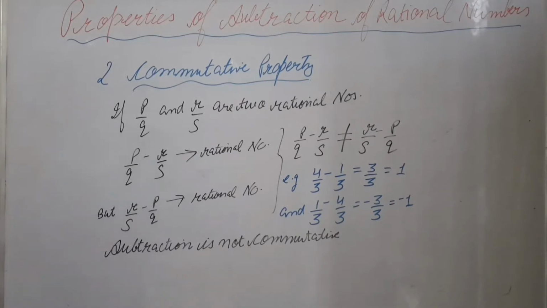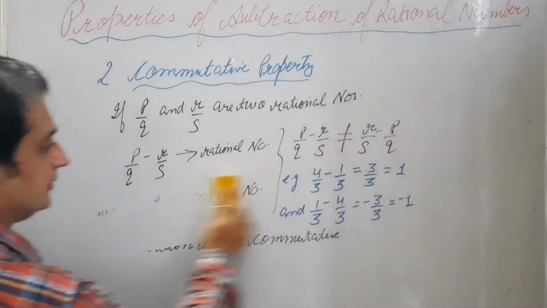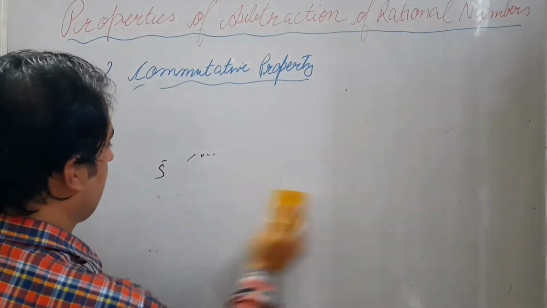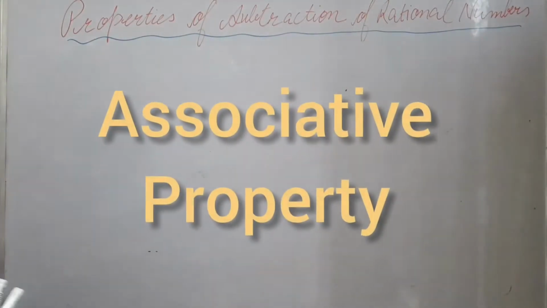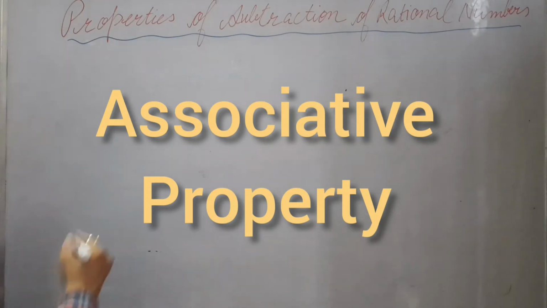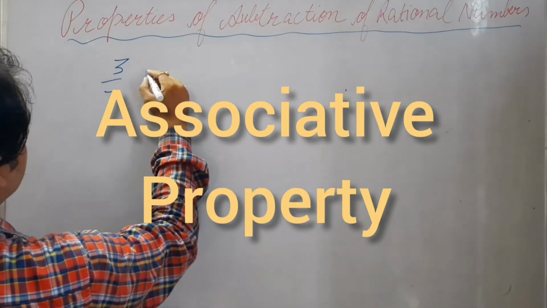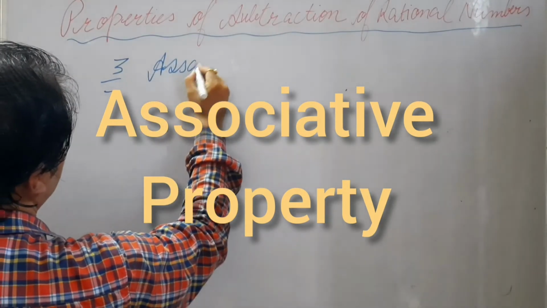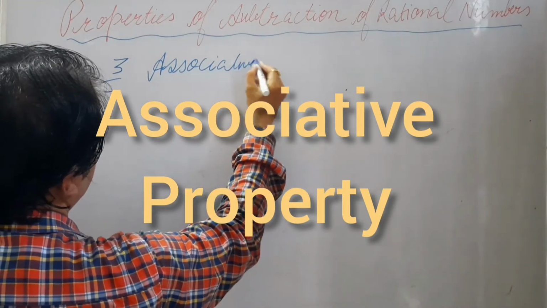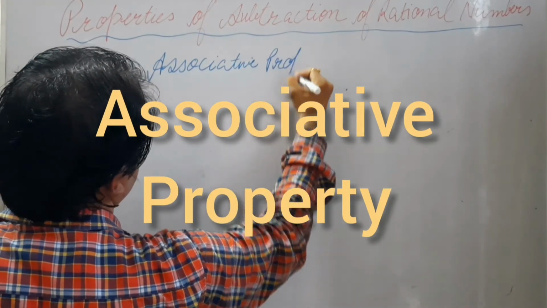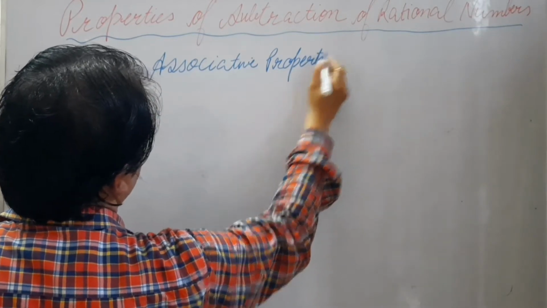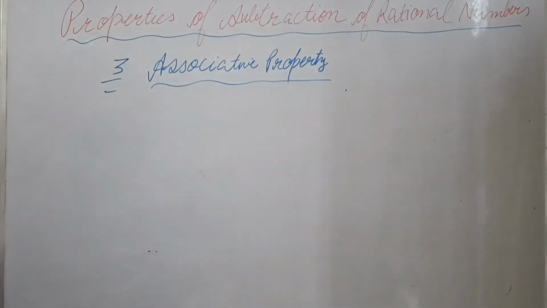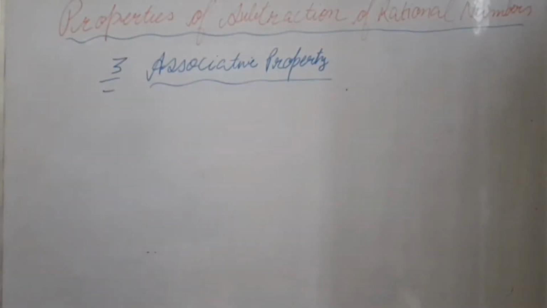Now we will see the next property, the associative property, whether this property holds true for the subtraction or not. Let's see the associative property, property number 3. Associative property, ये प्रॉपर्टी क्या कहती है कि इसमें भी हम जब बात करते हैं, we will talk about more than two rational numbers.